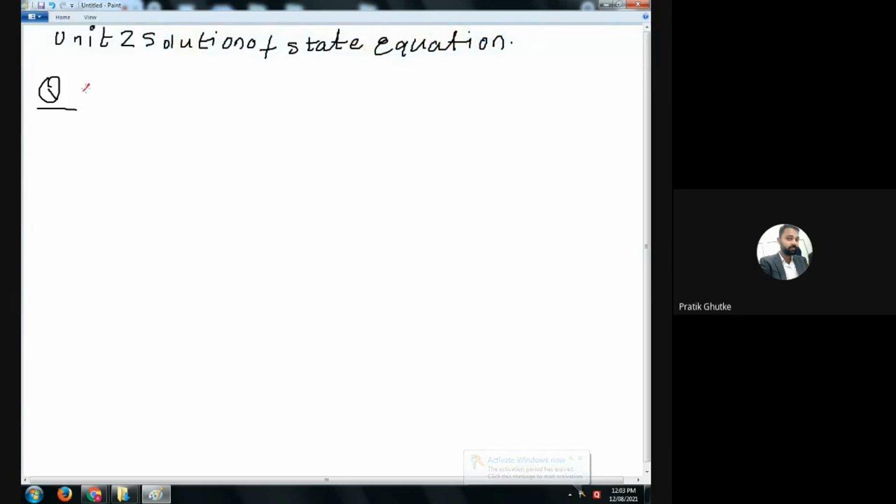Yes, please write down: a system represented by the state equation.